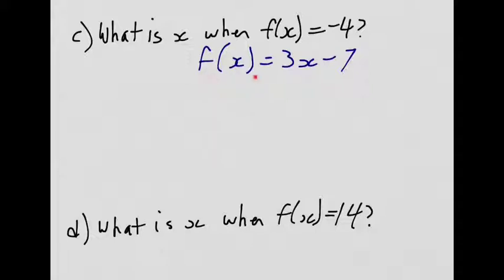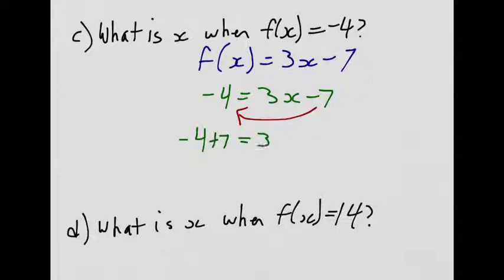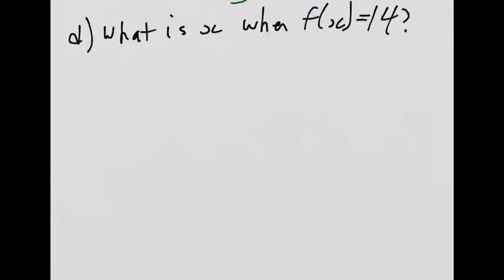To figure that out, all we have to do is replace f of x with negative 4 and find out at which x value that occurs. So now this is just some simple algebra. We bring the negative 7 over, and when we change sides, we change signs, so that becomes negative 4 plus 7 equals 3x. Negative 4 plus 7 is just 3. And then divide both sides by 3. X equals 1. So this means that when I put in 1 for x here, I get an output of negative 4.